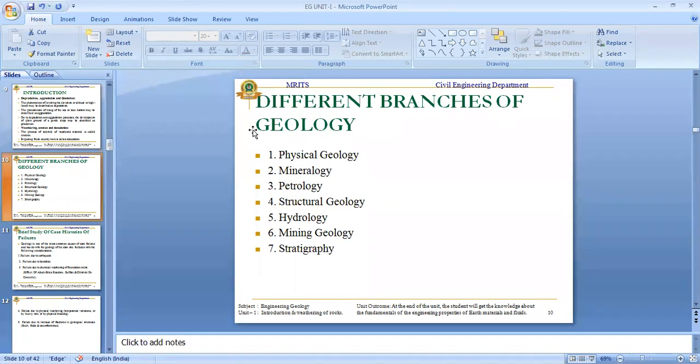In mineralogy, we are going to analyze the types, characterization and study of the minerals. How we are going to use the minerals in our day-to-day life. For example, in water, we use mineral water, and in food also. We use the mineral content in food, that is in different vegetables and fruits.